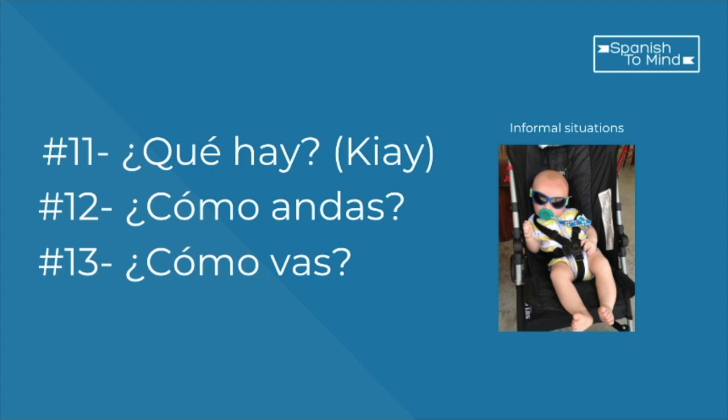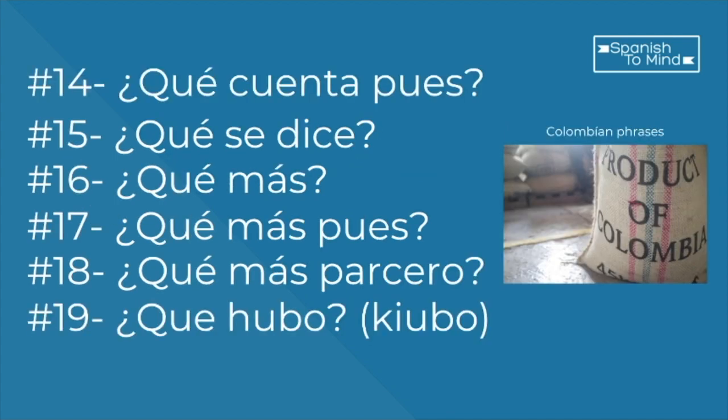But when you learn Spanish and you know more vocabulary and you start to interact with more people in Spanish, you begin to realize that depending on the country, people might use some phrases and in other countries they would not use them. For example, in Colombia, people would use phrases like ¿Qué cuenta pues? ¿Qué se dice? ¿Qué más?